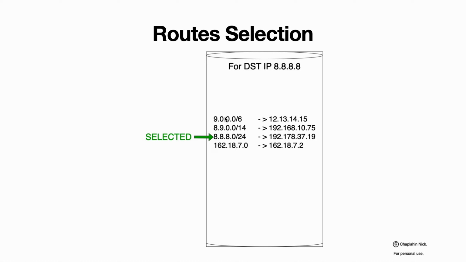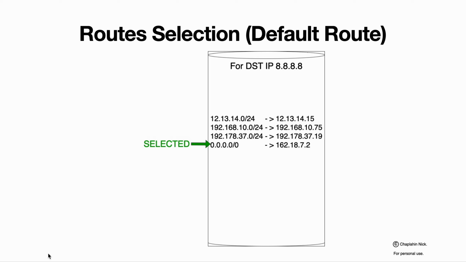So standard rule, the longer the subnet mask in the entry, then we select this entry. Very simple. And default route, if we have no entries that match and we have a default route configured, we're using it. If we have no default route configured, this packet will be dropped because we don't know where to send it.